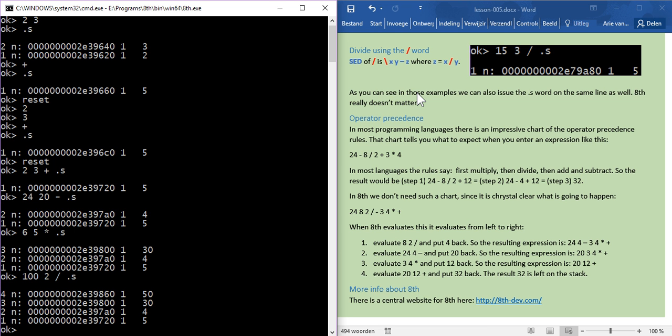Then there is a result on the stack: 24 4. And the resulting expression is 24 4 minus 3 4 plus, 3 4 asterisk plus, and so on. It evaluates step by step from left to right. And there's nothing to it. If you just put the numbers and the operators in the right place, it will also always do what you want. So there's really no problem.